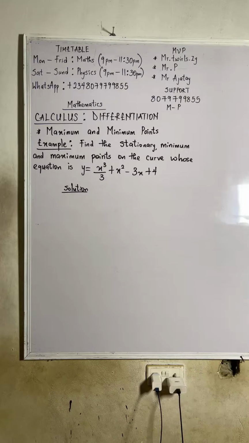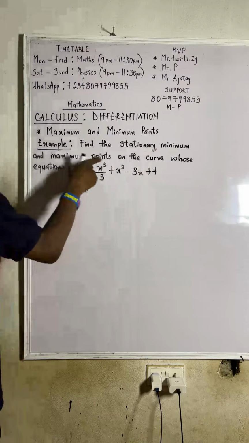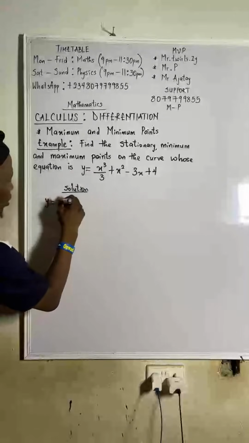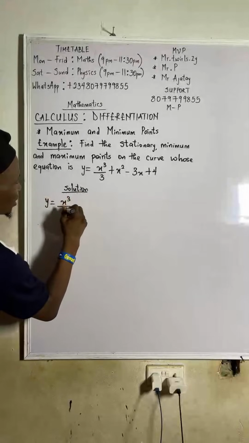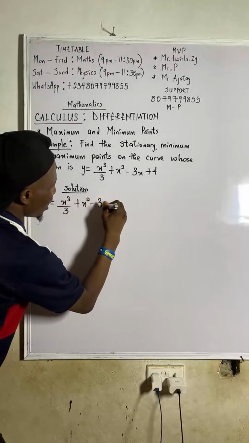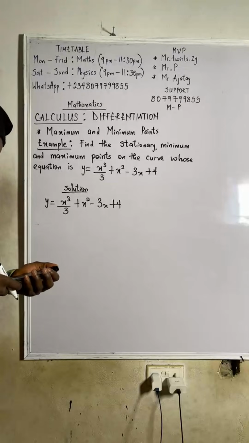The first thing they say is find the stationary minimum and maximum point on the curve whose equation is y equals x cubed over 3 plus x squared minus 3x plus 4. This is what you are given.